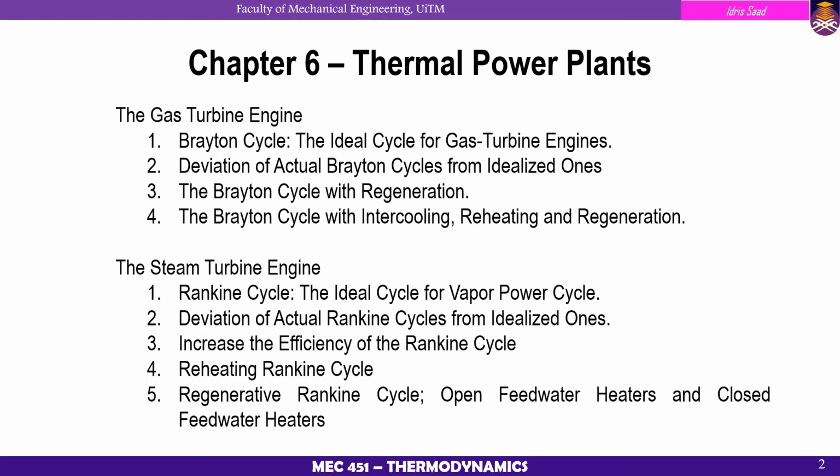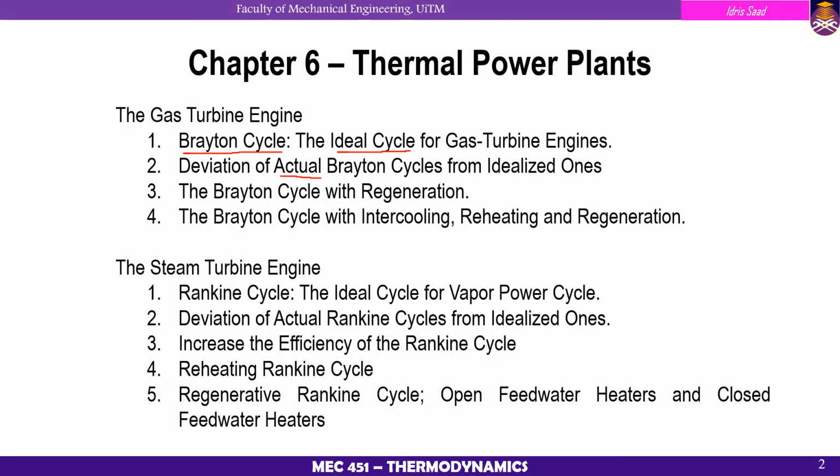Basically, we have two main parts for this chapter, which are the gas turbine engine and the steam turbine engine. For the gas turbine engine, first, we will learn about the Brayton cycle. Basically, the Brayton cycle is just the ideal cycle for the gas turbine engine. Then we follow with the actual cycle for the gas turbine engine, which is the deviation of the actual Brayton cycle from the idealized one.